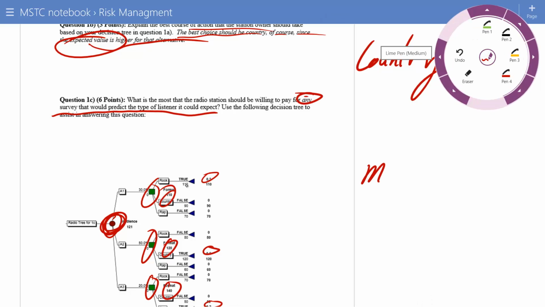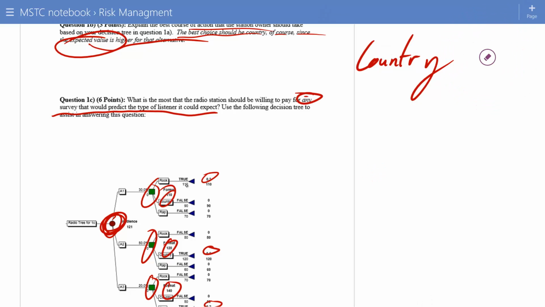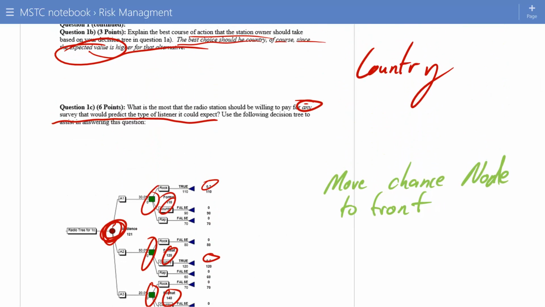Let's change colors for this. Move chance node to front. Okay. C is the value of information. That's when you move the decision node to the front, when someone's telling you what's going to happen.